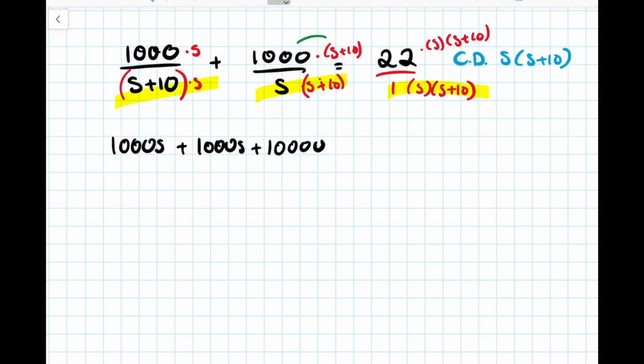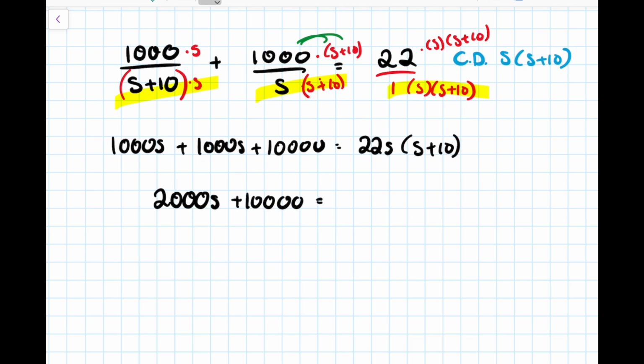Because I've distributed this 1,000 through. And then on the right side, if I multiply the stuff outside of the brackets, I get 22s, and then I still have that s plus 10 to deal with. So I can combine some stuff on the left. 1,000s plus 1,000s is 2,000s. 10,000 is just 10,000. On the right, if I distribute, I get 22s squared plus 220s.